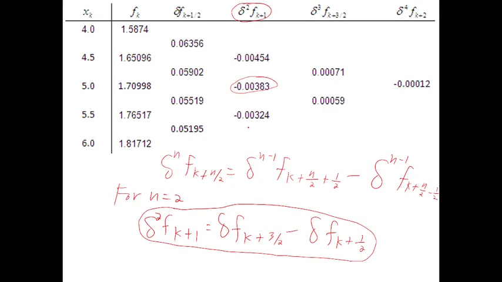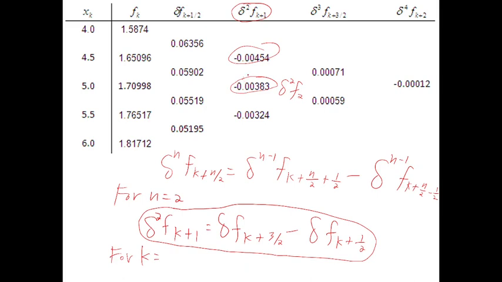So this is delta squared f for k equals 0, for k equals 1. So this is k equals 1. Delta squared f sub 1 plus 1 is 2. Okay? Delta squared f sub 2. So that is my concern for k equals 1.